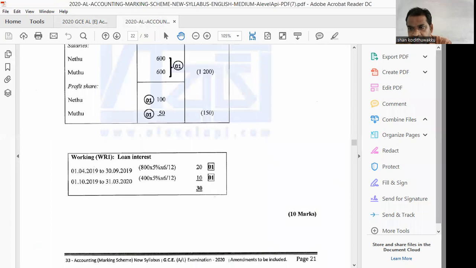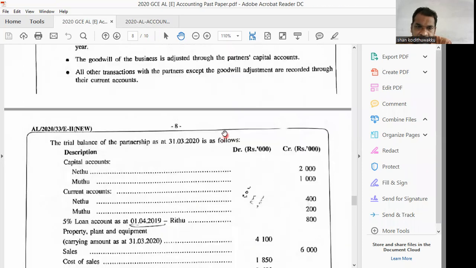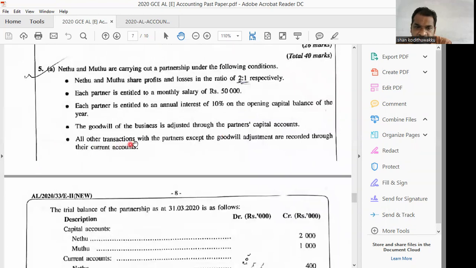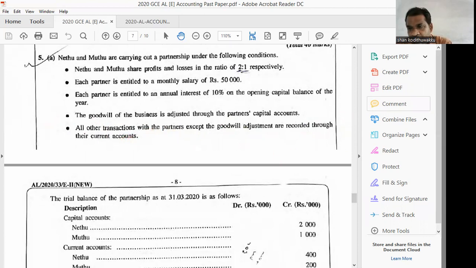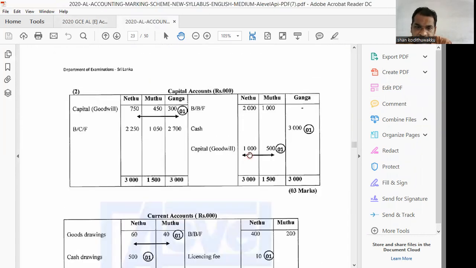But here in this question, especially, they have mentioned at the beginning this point. All the other transactions with the partners except goodwill adjustment are recorded through their current accounts. And as they have given this point, we can't credit to capital account what the partner has used to settle business expenses. Therefore, we had to credit to partner's current account.